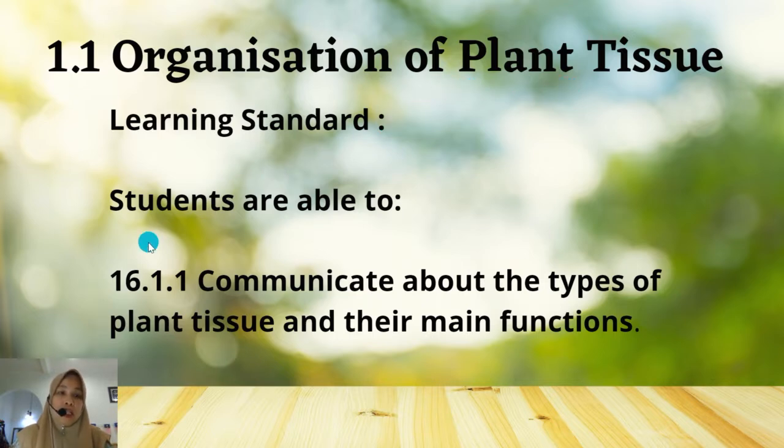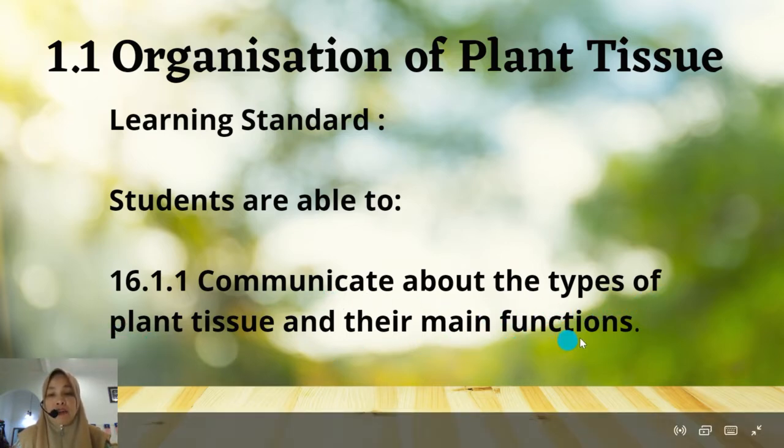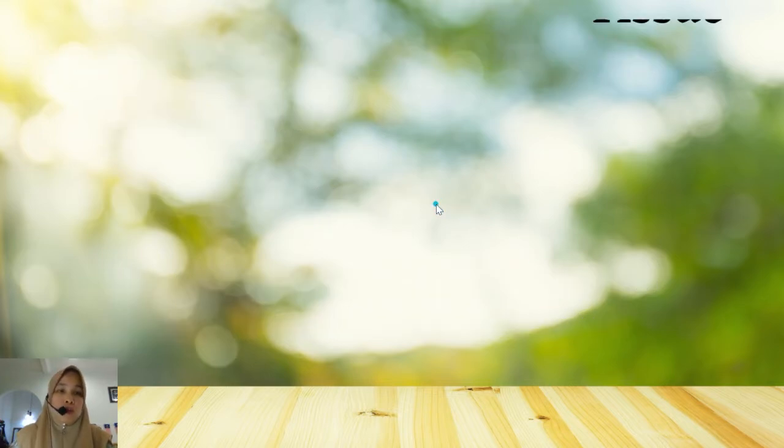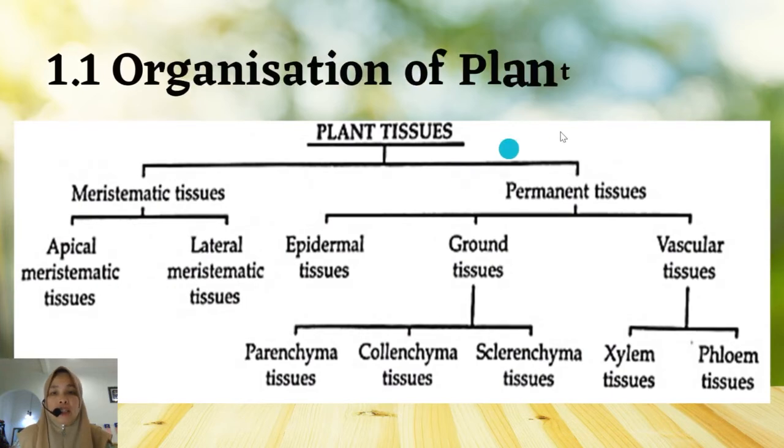In this subtopic you are able to communicate about the types of plant tissue and their main functions. So you have to know the types of plant tissue and also their function. Let's go to the organization of plant tissues.